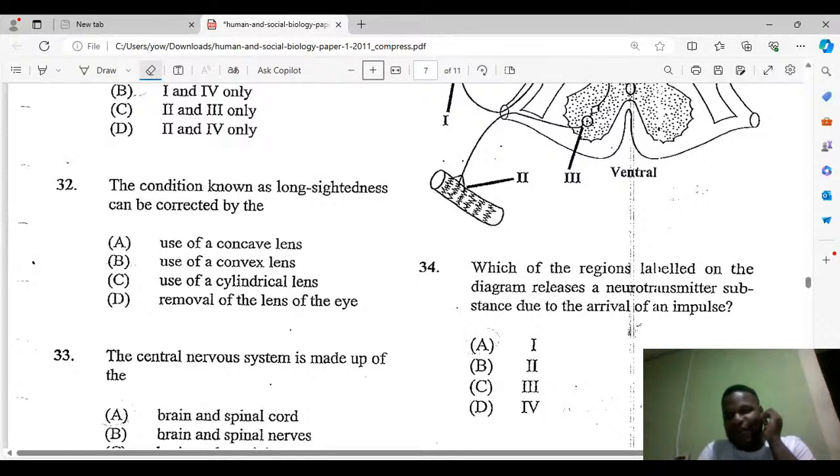Yes, B is correct. What's another name for long-sightedness?